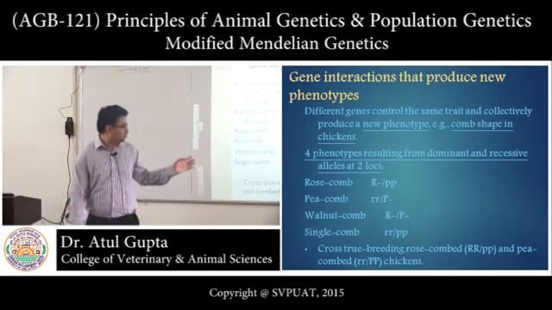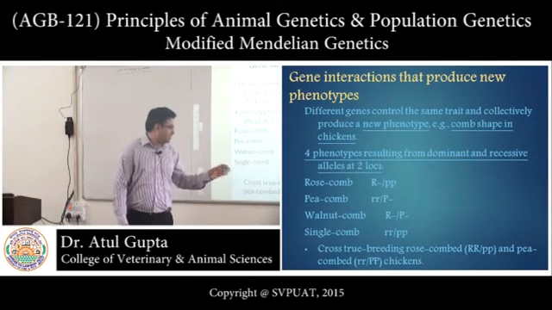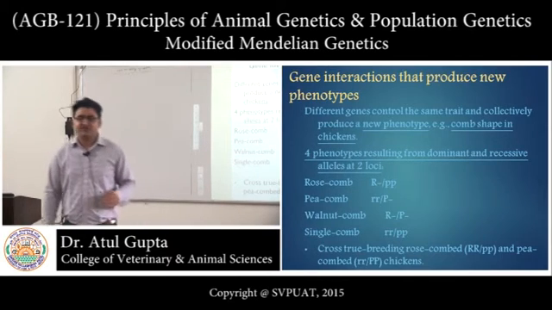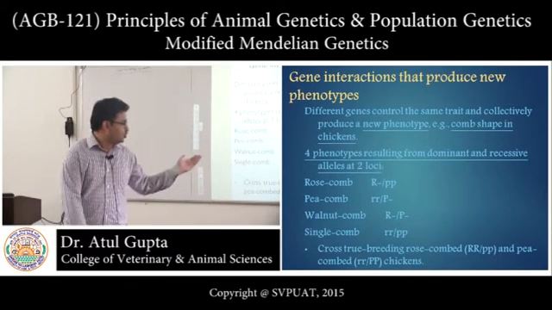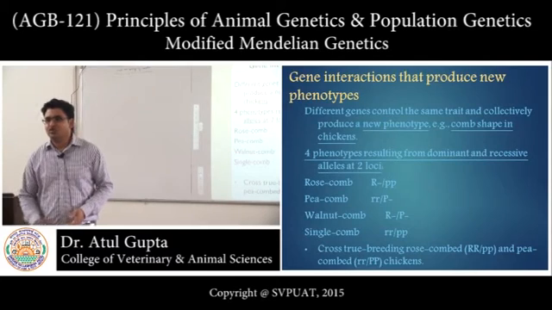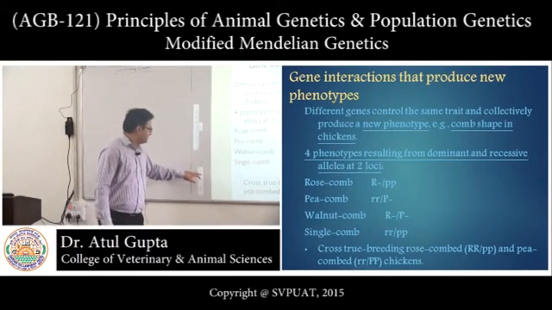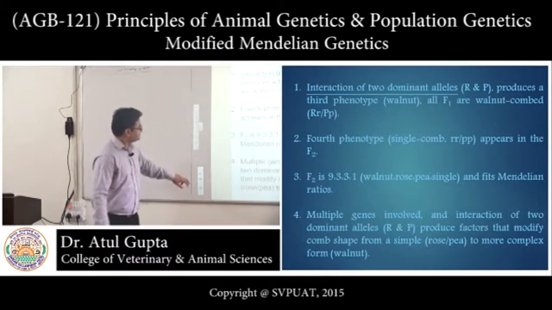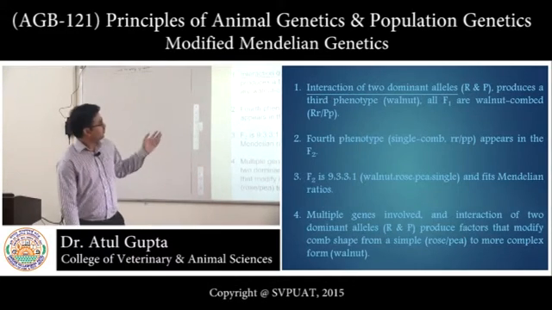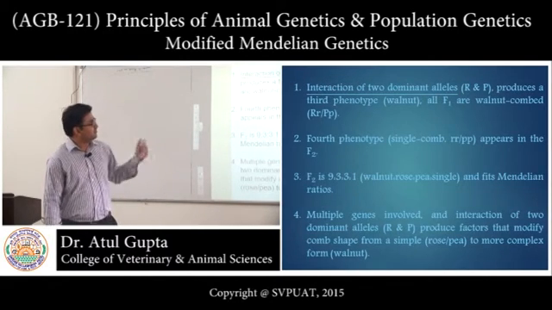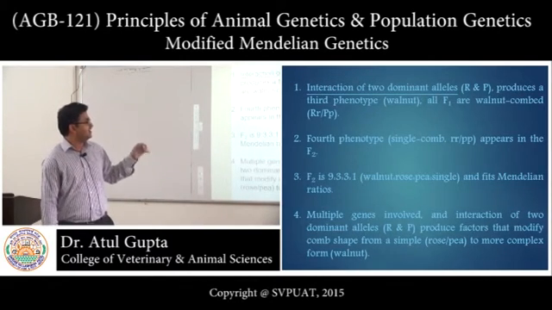So the cross is a true breeding rose combed and a pea combed chicken. When we cross a true rose combed and a true pea combed chicken, what will we get? We can see. The interaction of two dominant alleles, R and P, produces a third phenotype, walnut, in F1.